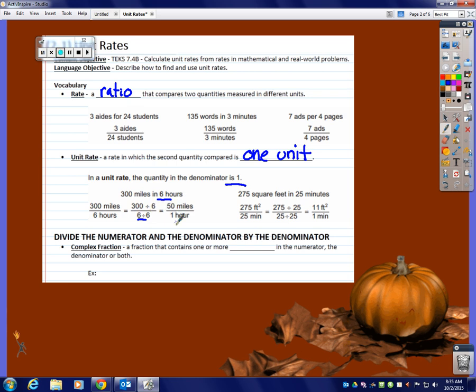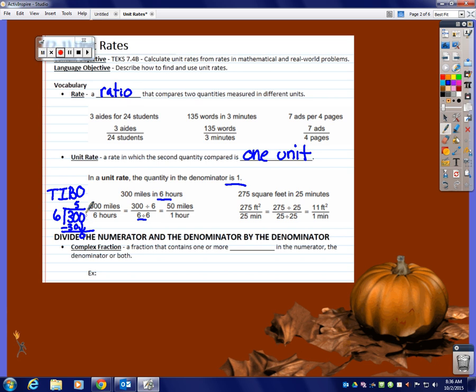50 miles per hour. Or, do you guys remember top in, bottom out? You can do it this way. Top in, 300 inside the house, 6 outside the house. 6 can go into 30 5 times.